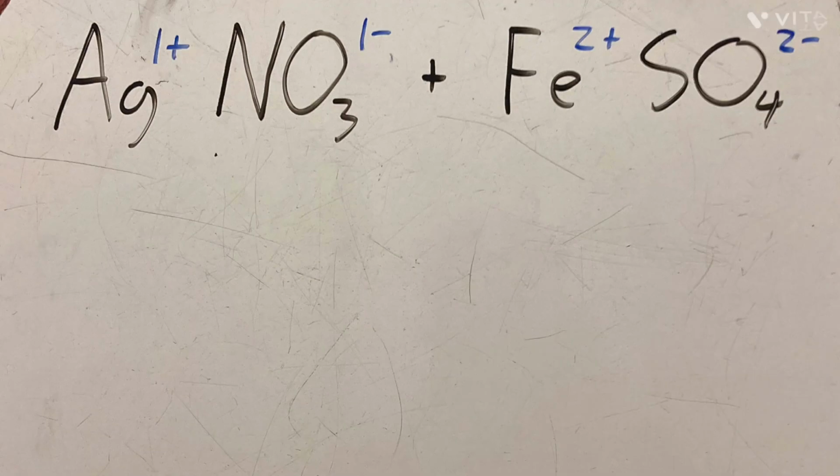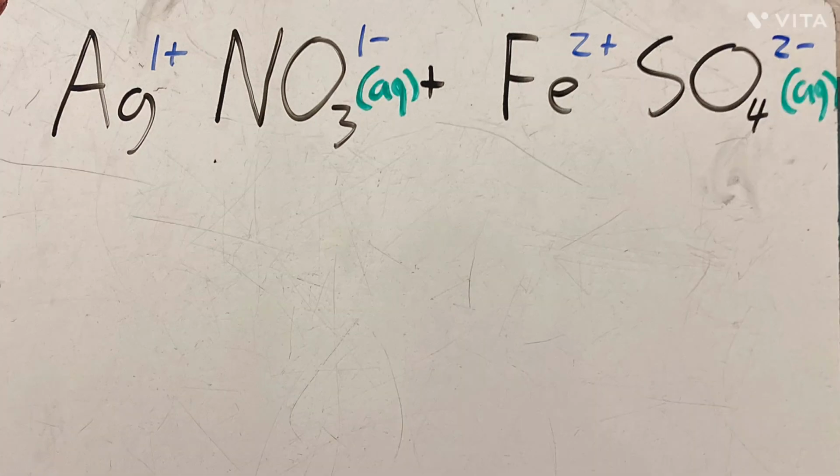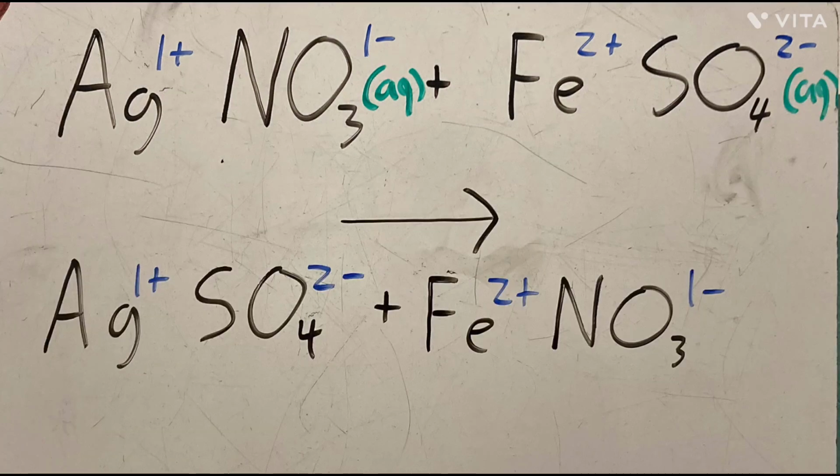Then, use the polyatomic ion list and the periodic table to determine the charges. Next, using the solubility rules, we can determine that both silver nitrate and iron sulfate are aqueous. Because there are 2 ions in each formula unit of the reactants, this is a double replacement reaction, so we can write out the products.